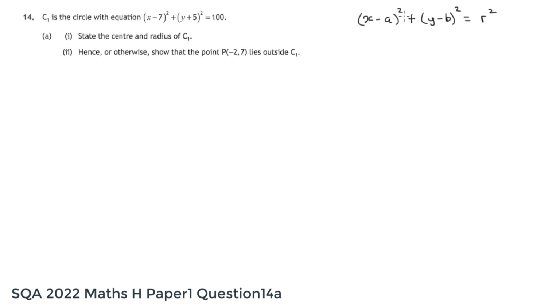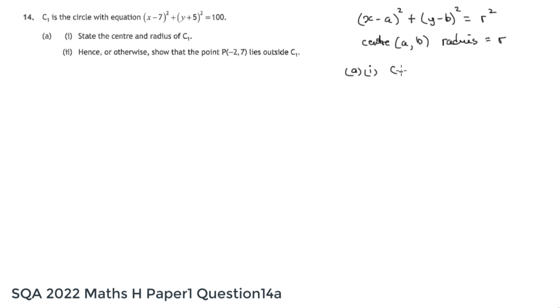There it is: x minus a all squared plus y minus b all squared equals r squared. That's the equation of a circle which has centre (a, b) and radius r. So we'll use that to solve the first part.